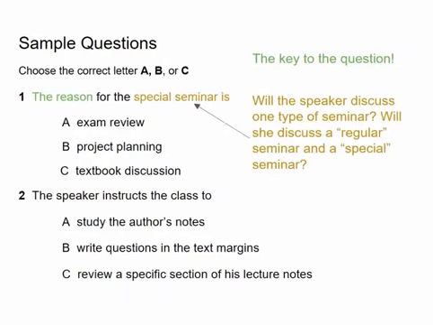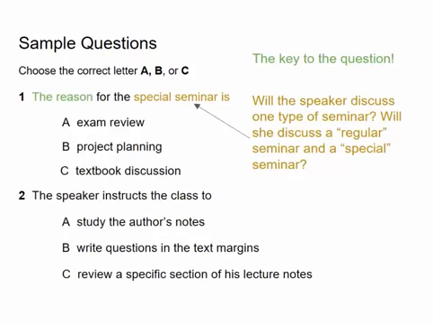Okay, now some things to think about with this particular question prompt. All right, now it says special seminar, the reason for the special seminar. Now, we haven't listened to the passage yet. We don't know what the speakers are going to say. So we should ask ourselves a question. Is this going to be one of several kinds of seminars discussed in the passage? Is there going to be a regular seminar or some kind of different seminar described? We don't know. That would be something to be careful about with this question, that there might be different seminars described.